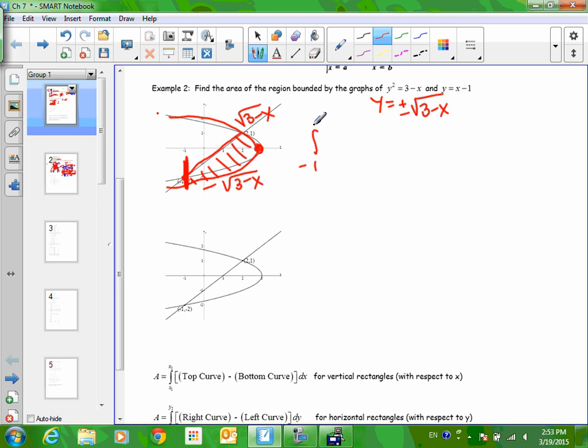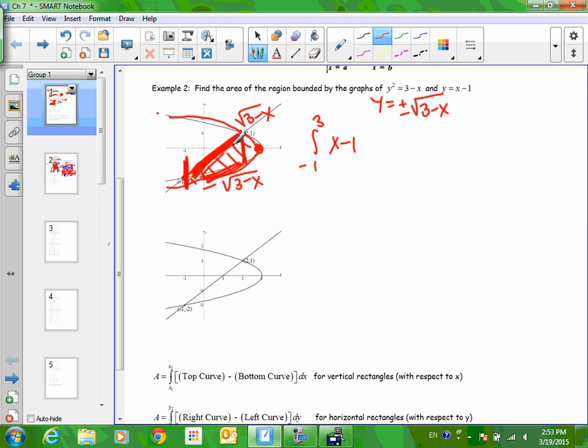What would be the right bound then? 3. And then the top curve right here looks like it's x minus 1, but it's not the top curve for the whole thing. Do you guys see that? It's only the top curve to right there.